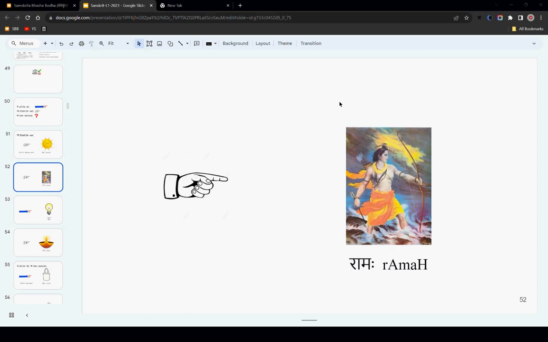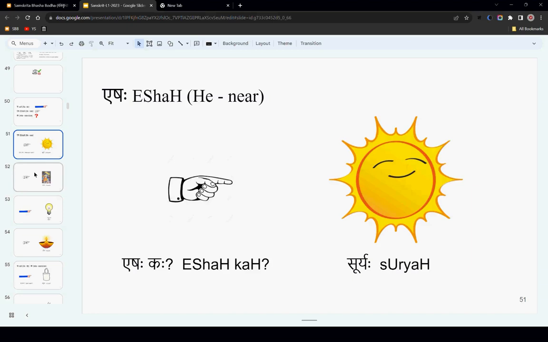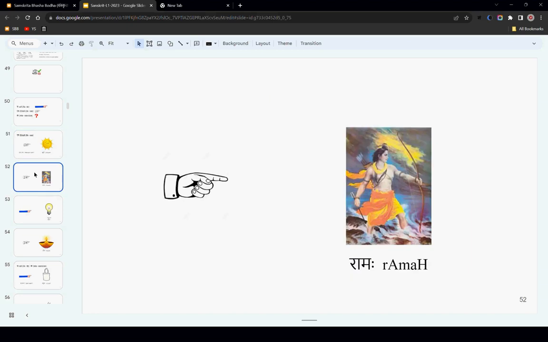To complete the sentence, we can say Eshaha Ramaha Asti. This is Rama, or just Ramaha Asti. Rama exists there. And if you want to ask the question, who is this? The same question would apply as before, Eshaha Kaha. Who is this? Eshaha Ramaha.